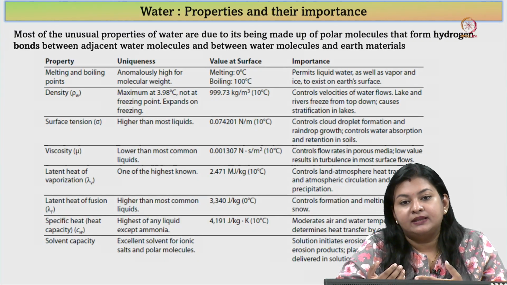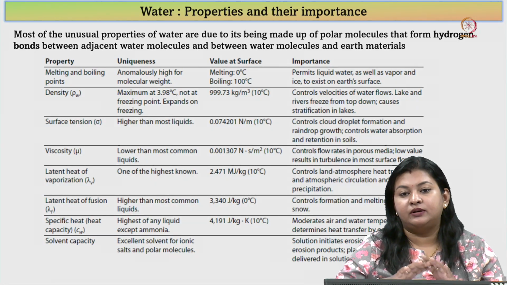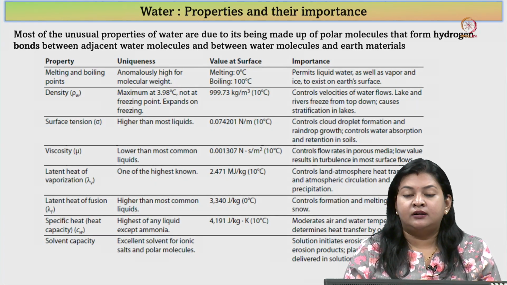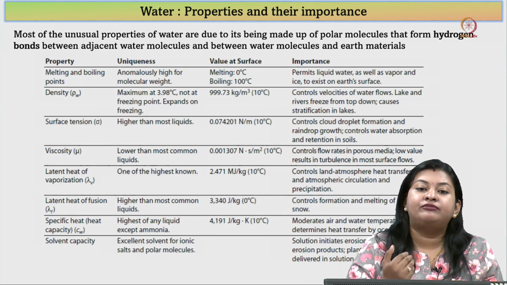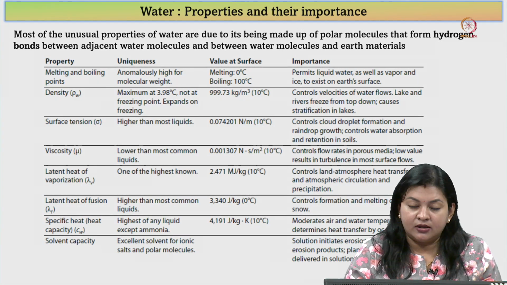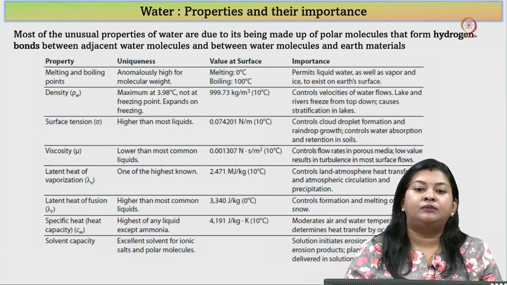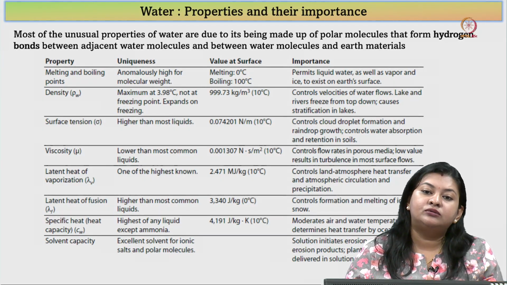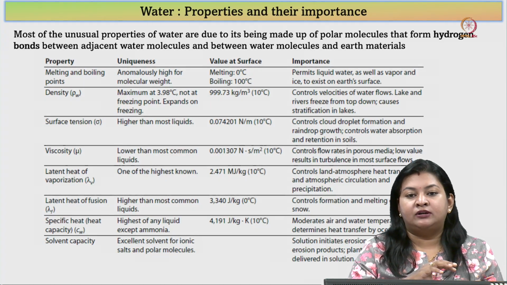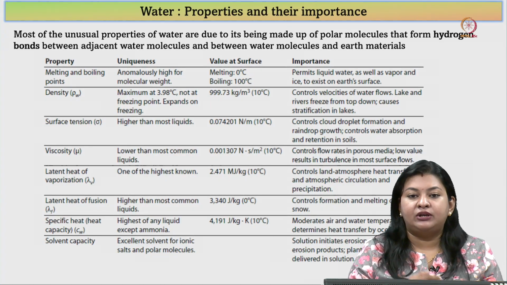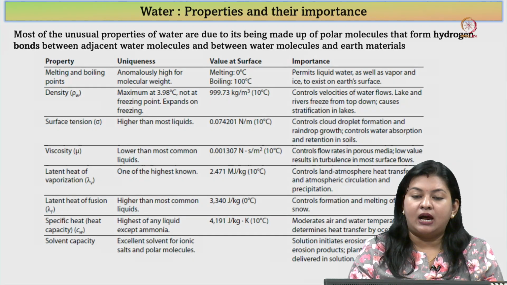As you know, in different areas of earth the temperature is different. In the tropical region the temperature is much hotter as compared to the polar regions and also the temperate regions. So, we have the tropical region, we have the temperate region, and we have the colder Arctic regions.